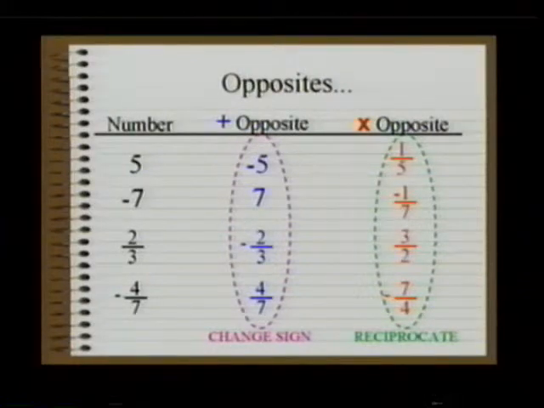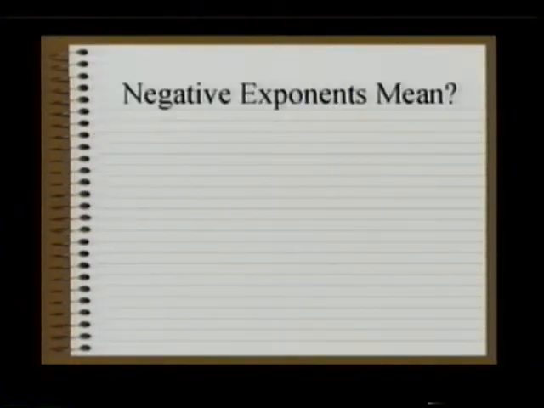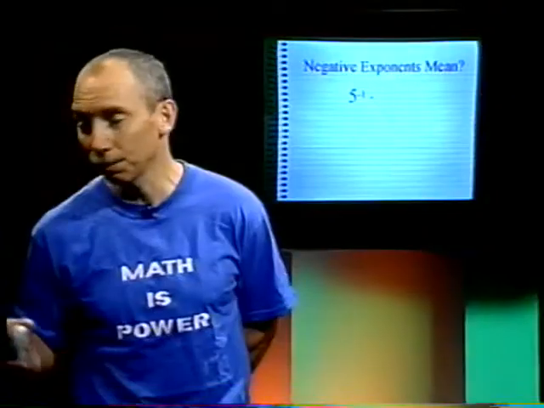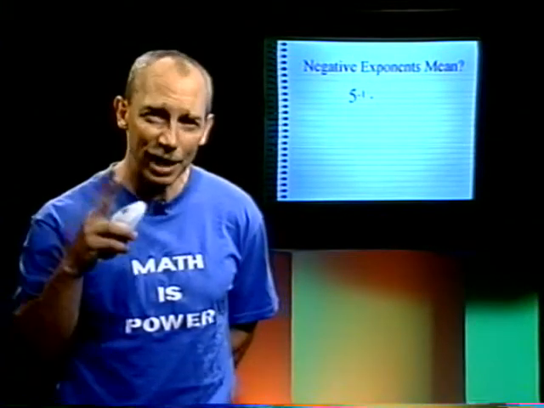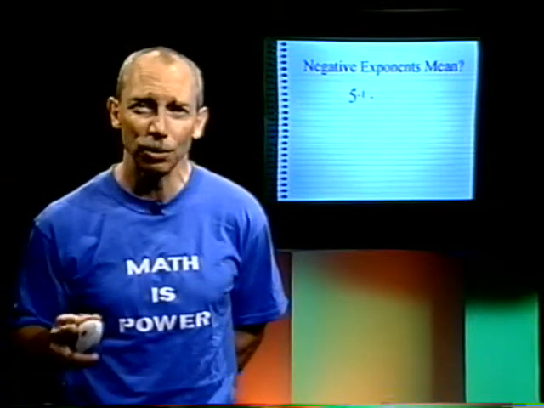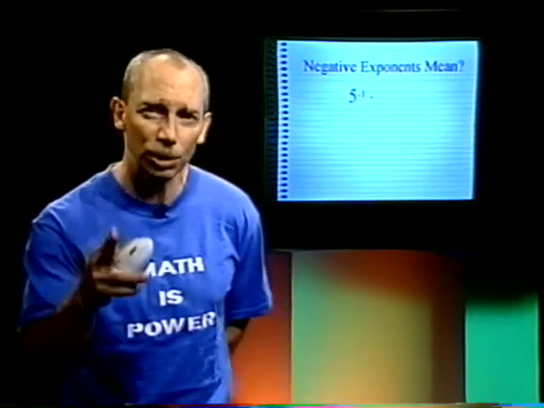Now, what does this have to do with negative exponents? Well, when we have a negative exponent, that negative right there isn't an additive opposite, because an exponent refers to multiplication. It refers to the multiplicative opposite, or reciprocal.